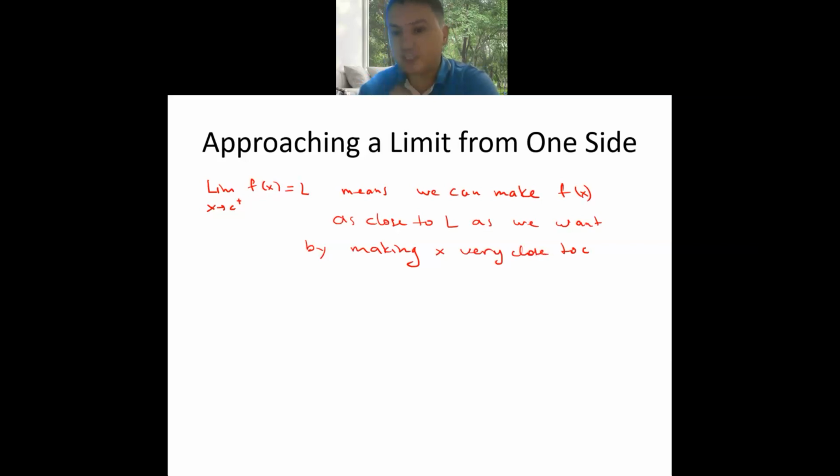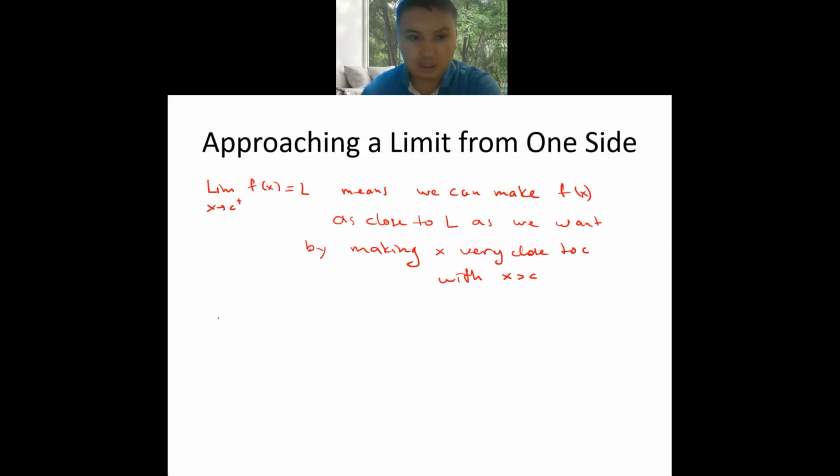If I do this, this is just a limit. But what I do is with x being bigger than c. So I'm picking x slightly bigger than c. So this is a right hand limit.